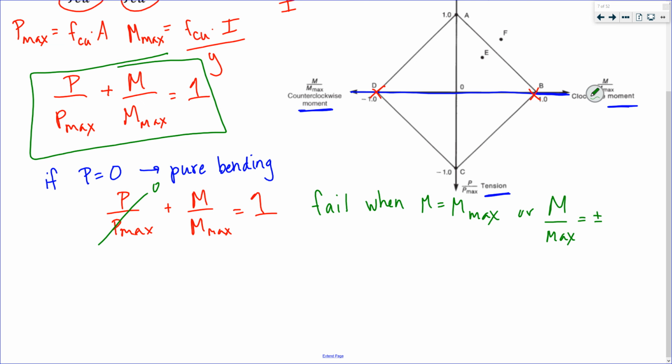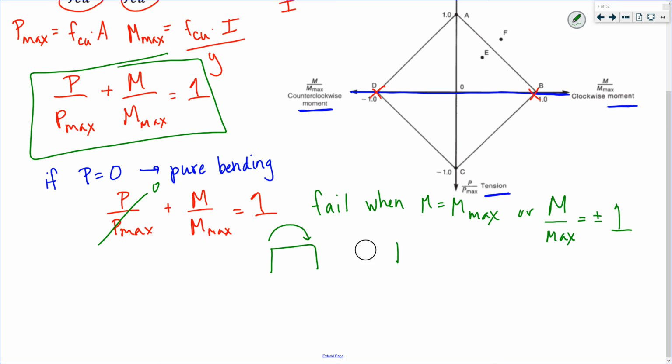There's a plus or minus if you look at this interaction diagram, because one is counterclockwise and one is clockwise, associated with tension and compression. Actually, that's not true. That's the P, is tension and compression. But that's just counterclockwise or clockwise. Right? You would fail the similar that as that.